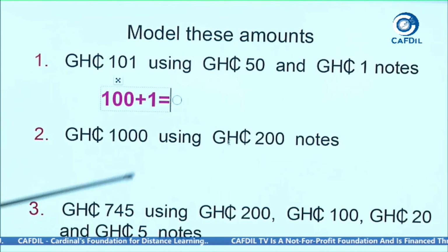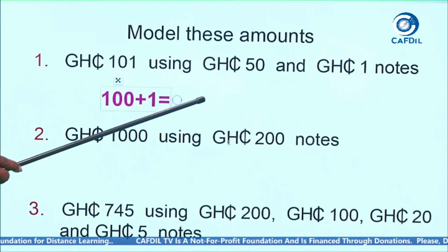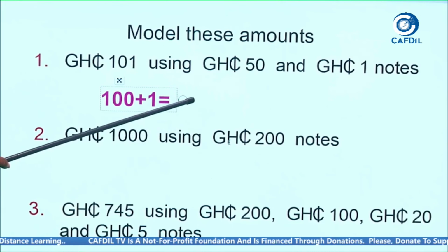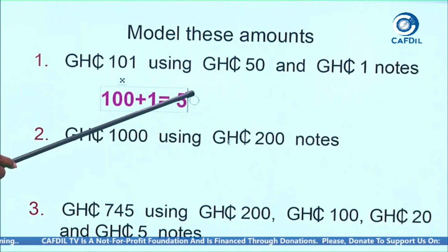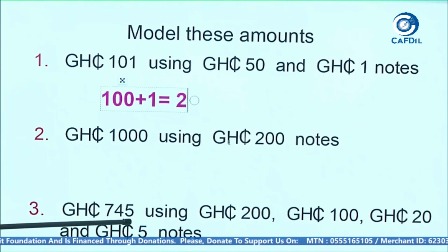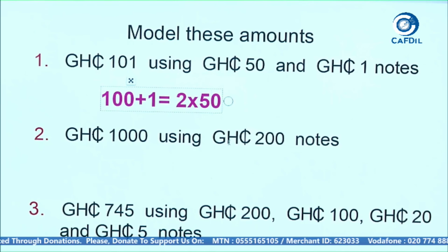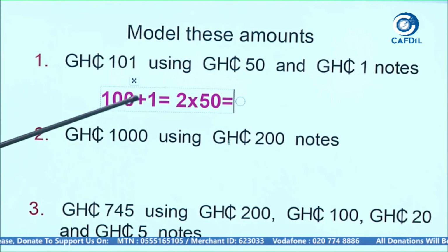I hope you are following. Now let's move. So I will take the 50 cedis. How many of the 50 cedis? 2. So it will be 2 times 50 cedis. All right. The first expansion has been done.